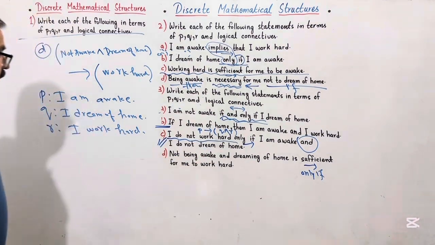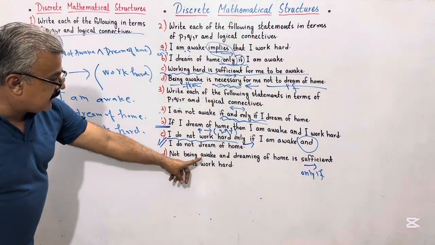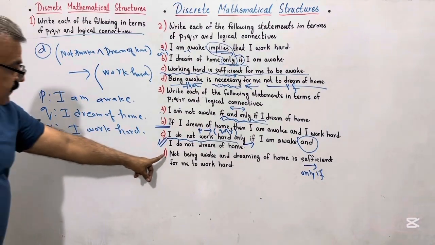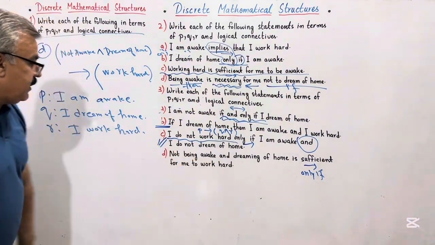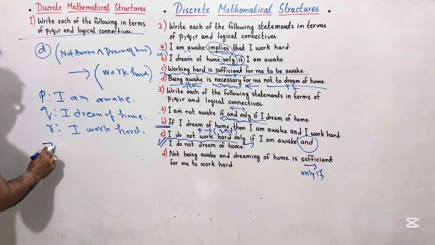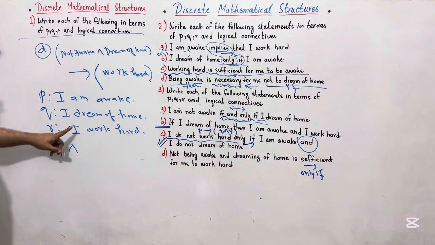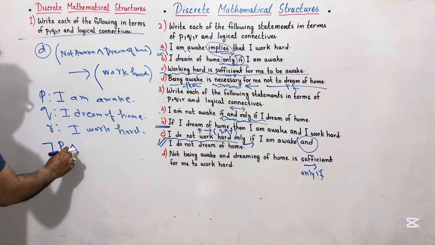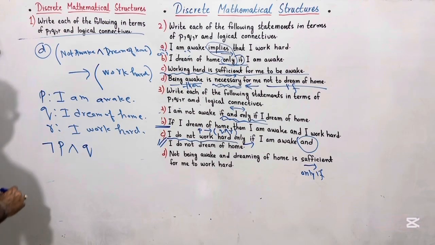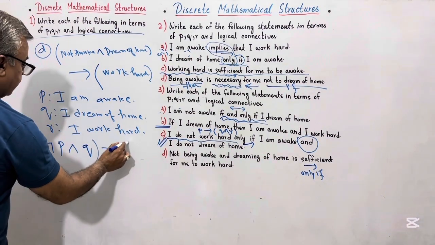How to connect here? We have not being awake and dreaming of home. Not being awake, negation of this one, and dreaming of home means Q. Implies that I work hard.